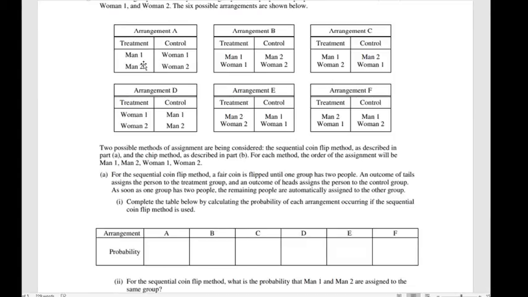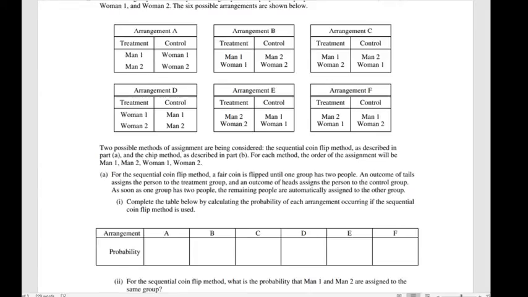So for arrangement A, in order for this to occur, tails is the treatment group, so we need to have tails for the first 2 flips. So that would be a probability of 1 out of 4 here.